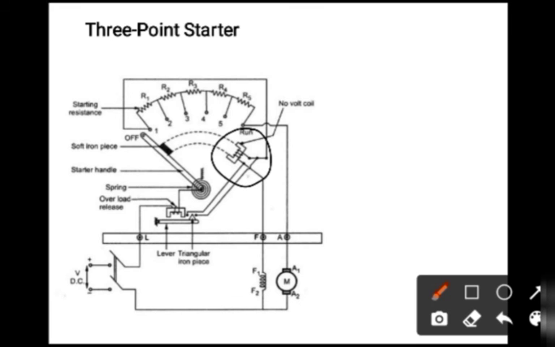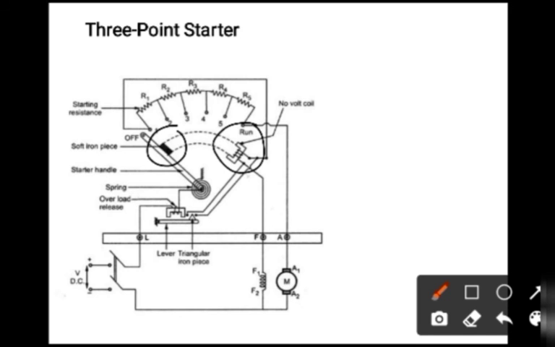Due to the less magnitude of current in the field winding, there is a chance of demagnetization between the soft iron piece and the NVC coil, because due to the less current there is no attraction, or less attraction, between the NVC coil and the soft iron piece.